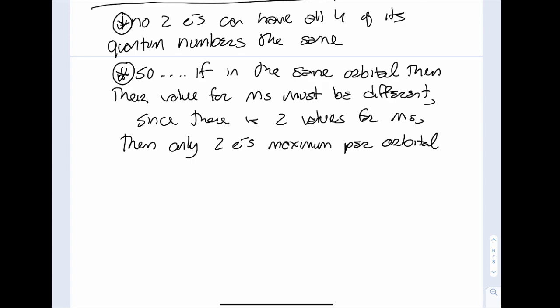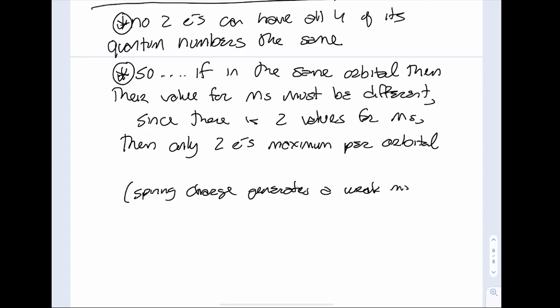So we could say spinning charge, and it doesn't have to be negative, spinning positive charge does this too. Spinning charge generates a weak magnetic field. And how weak it is just depends on how charged it is.